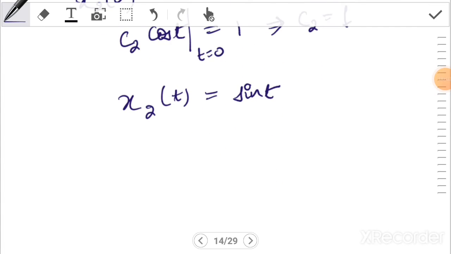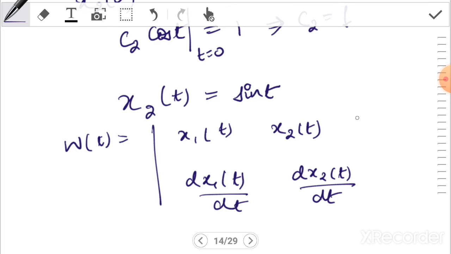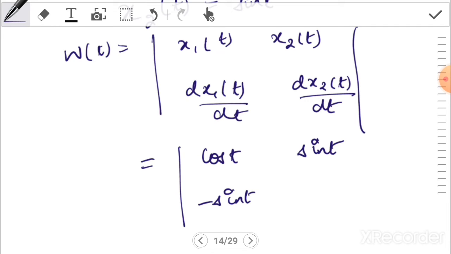Now the Wronskian is the determinant of x1(t), x2(t), d of x1(t) by dt, d of x2(t) by dt, so equal to cos t, sin t, minus sin t, and the derivative of sin t is cos t.